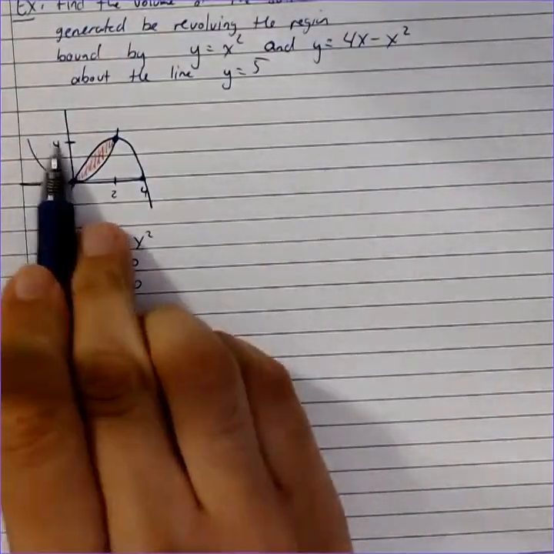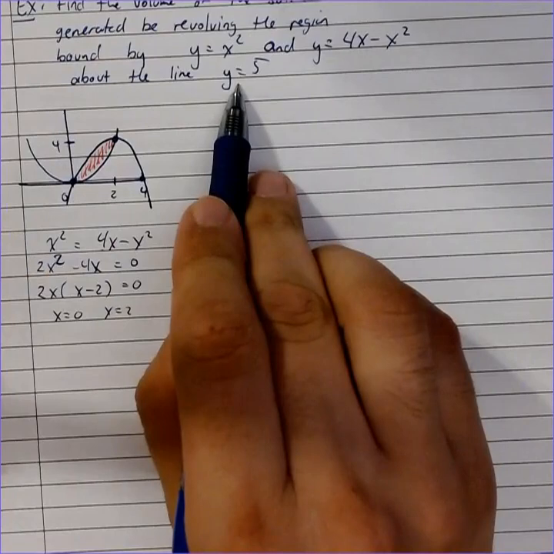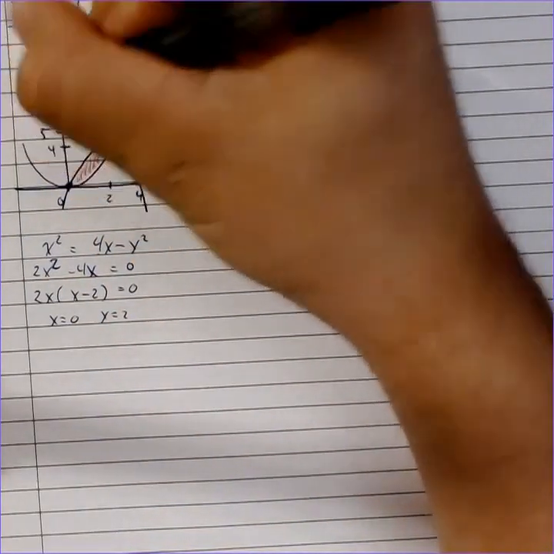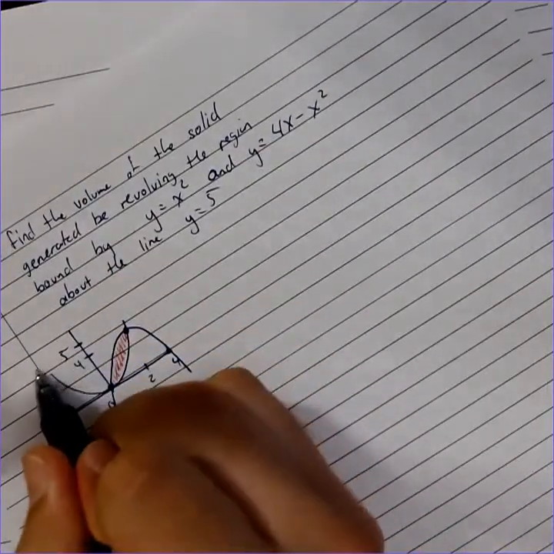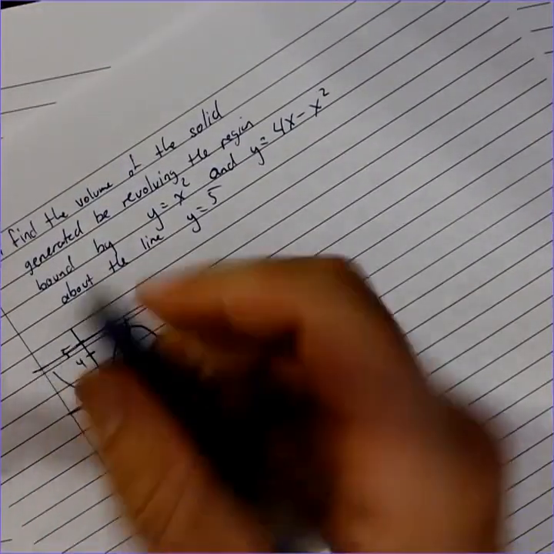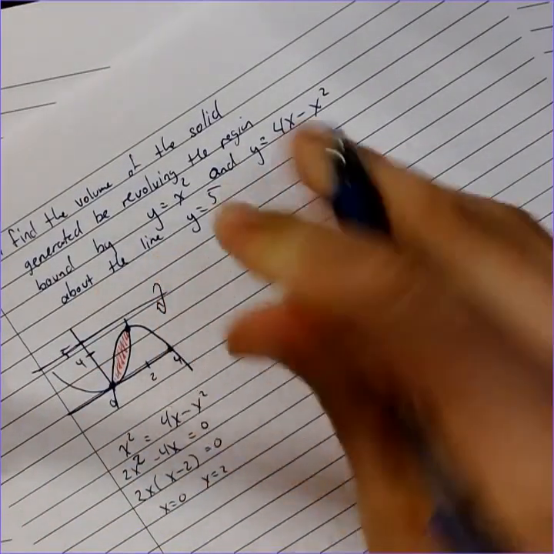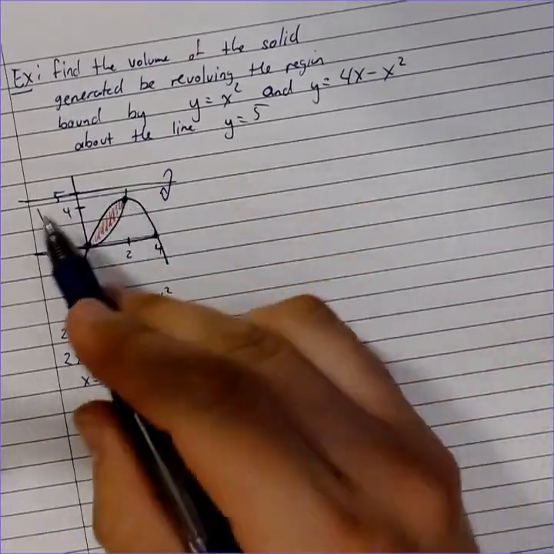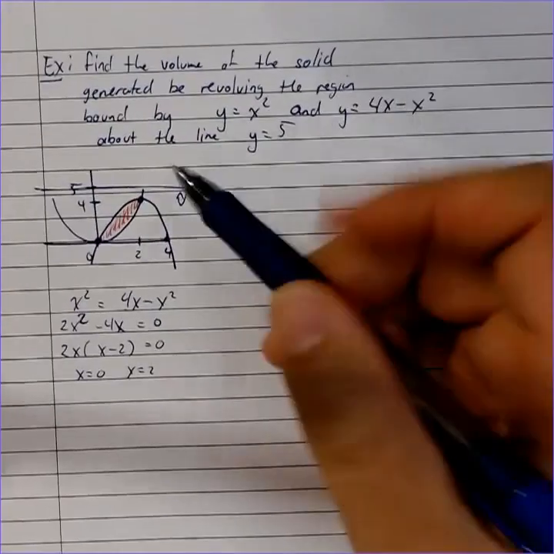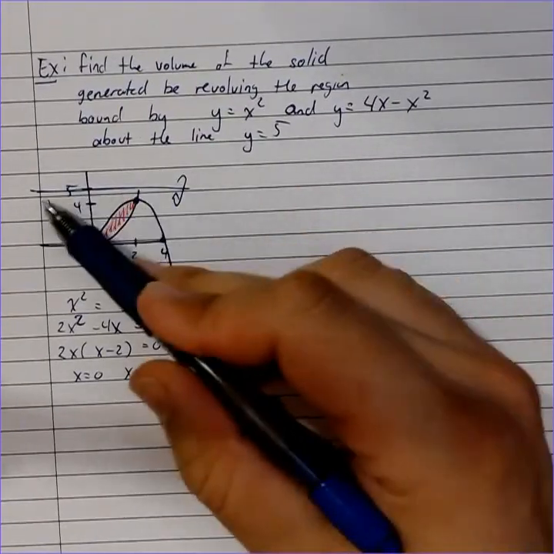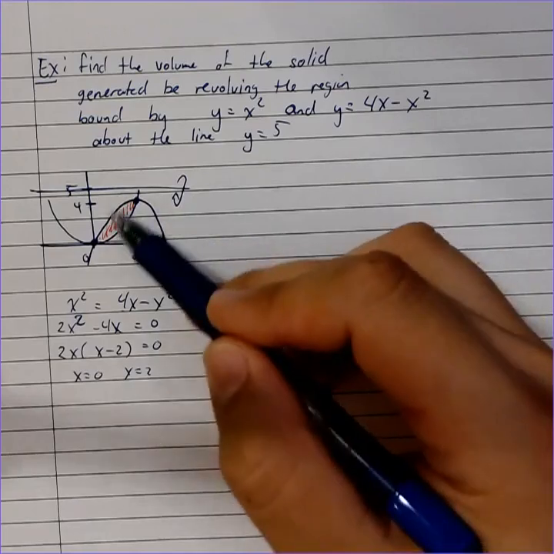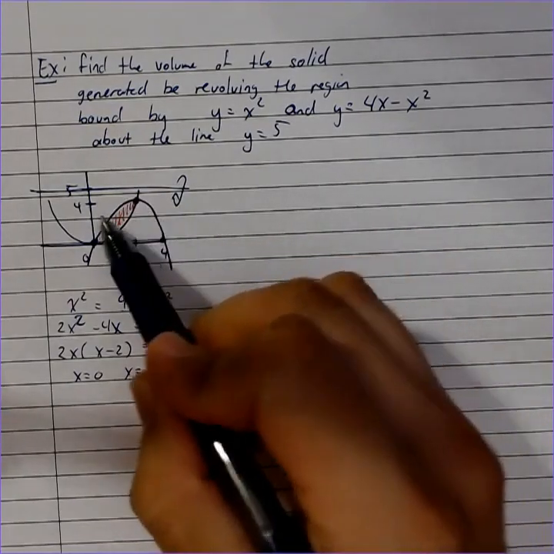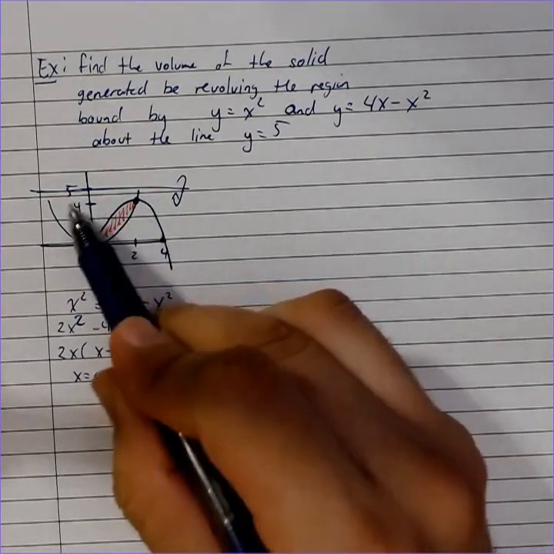Okay, so if that's 4, we're revolving around the line y equals 5. Okay, so 5 will be slightly higher. So that is the line we're revolving around. Okay, notice that we have a big gap between our region and our axis. Because there's a big gap, a void, a space, whatever you want to call it, that means we're going to use the washer method.